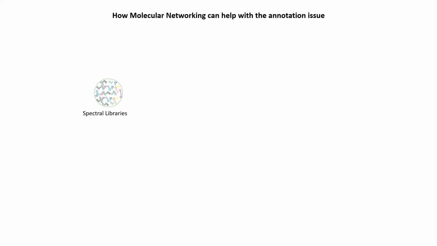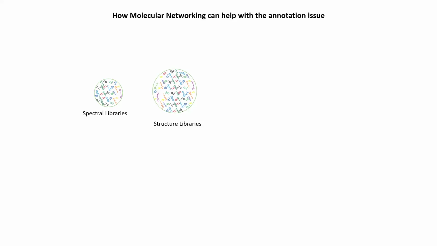Okay, so how can molecular networking help with the annotation issue? You must know that this is more or less the size of the fragmentation spectral libraries that we have available today. There are also some structure libraries, so not fragmentation spectra, but molecule structure libraries like PubChem. Have you ever used PubChem? I guess so. Raise your hand if you use PubChem.